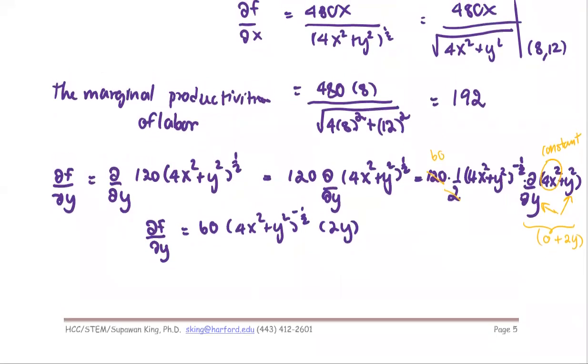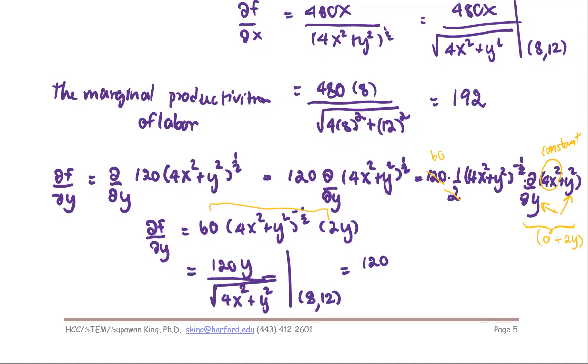And we write it as 120, from 60 and 2, with y as the numerator, and the negative power we bring down to the bottom as a positive power, and the positive power 1/2 is the same as the radical. We're going to evaluate when x equals 8 and y is 12.